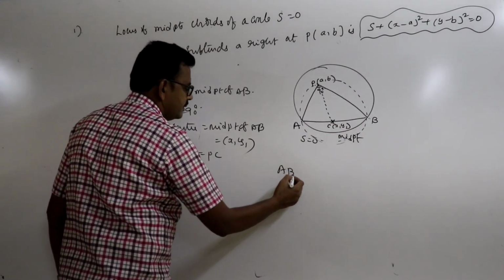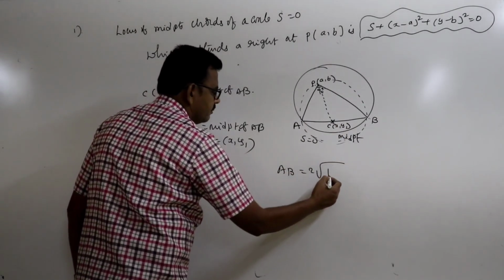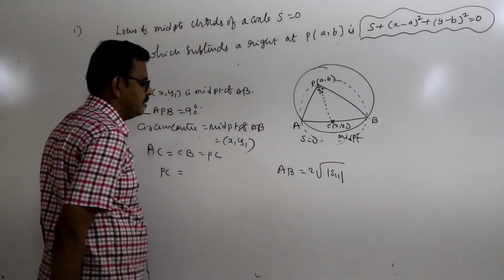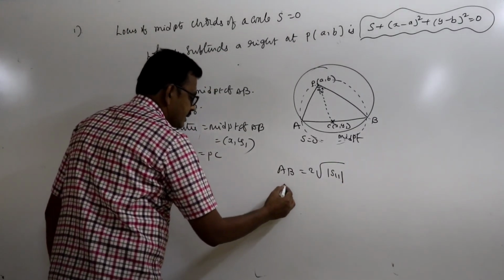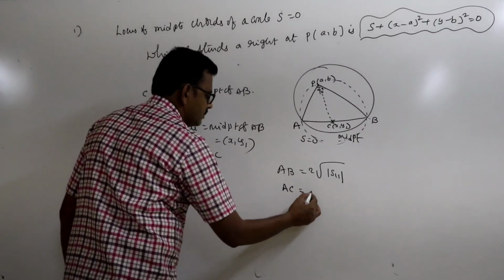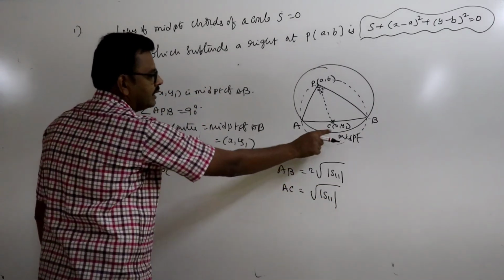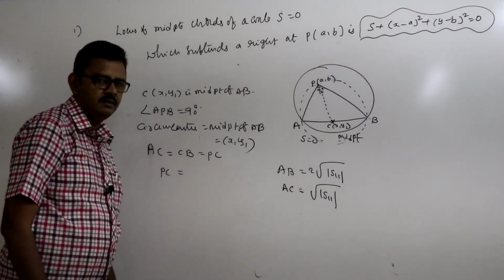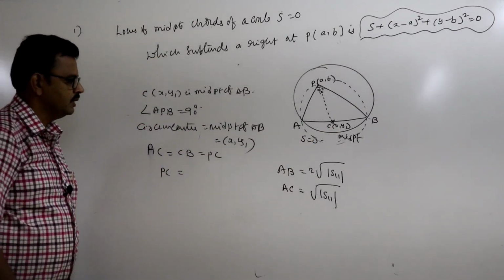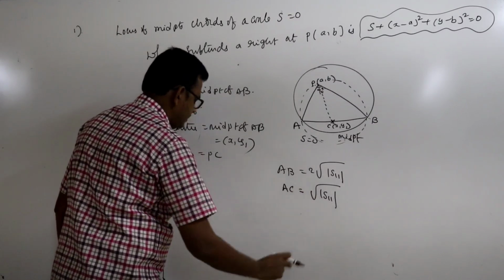The length of the chord AB is equal to 2 root of mod S11. Therefore, AC is equal to root of mod S11. The point lies inside the circle, therefore S11 is less than 0.